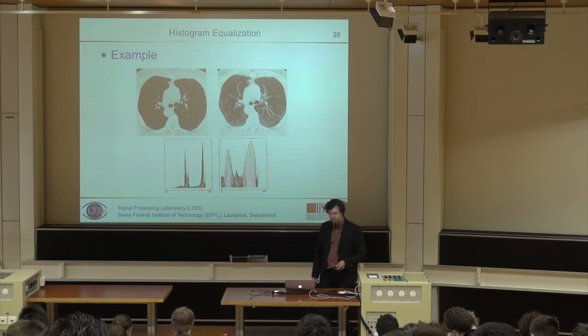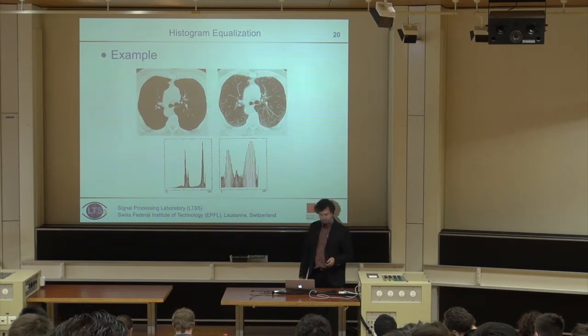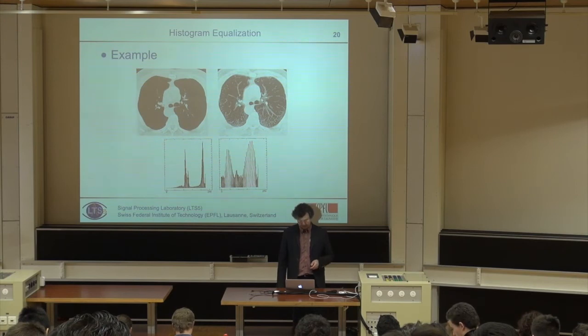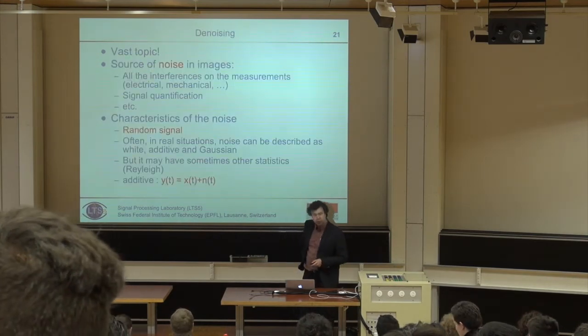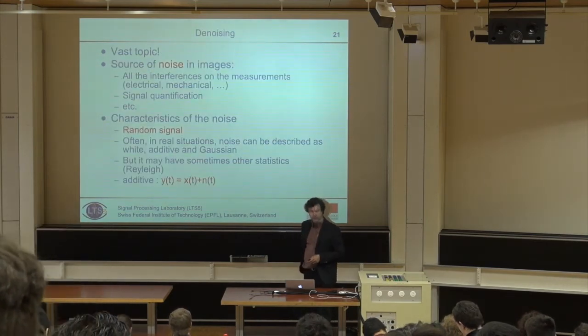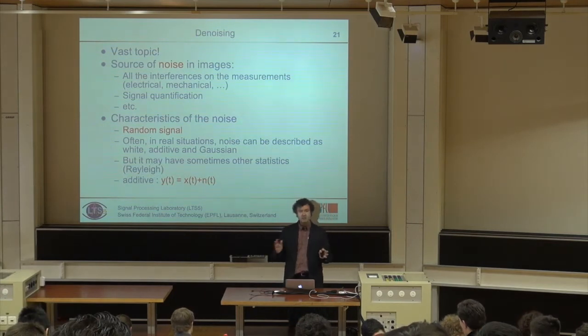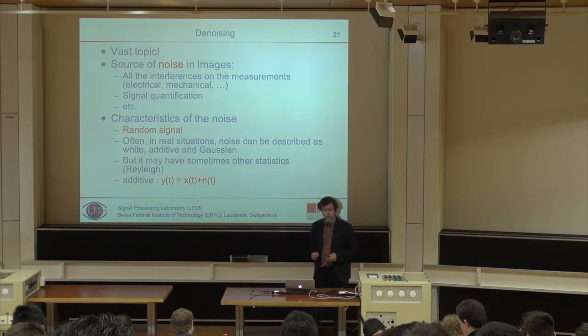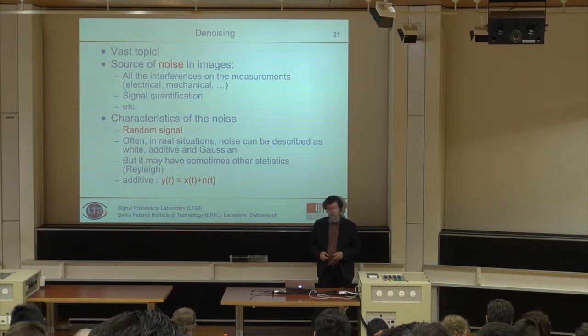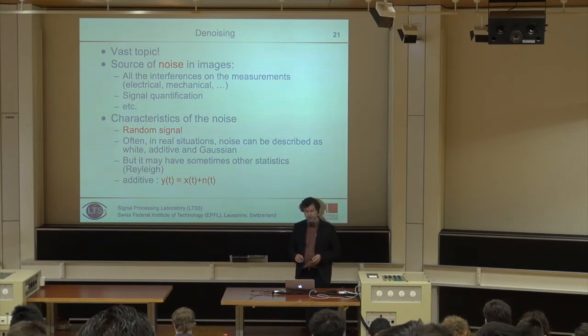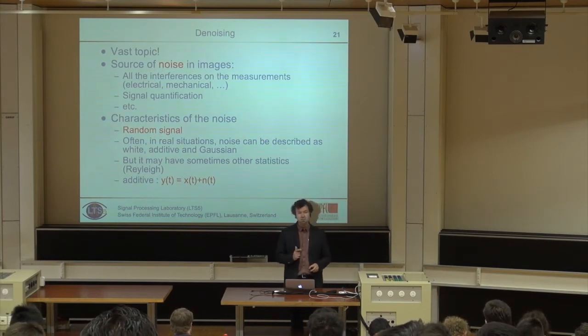Let me move one step further, and then I will do a last break. Yes. We are now opening the last part of this lecture of today, which is about denoising and image enhancement. I will not talk too much about denoising. Denoising is an extremely vast topic.